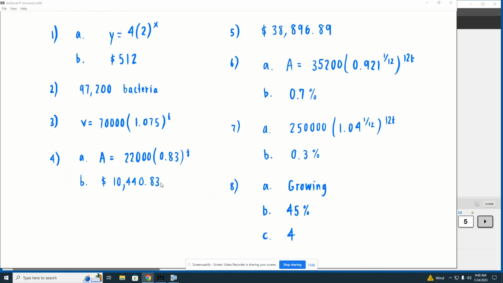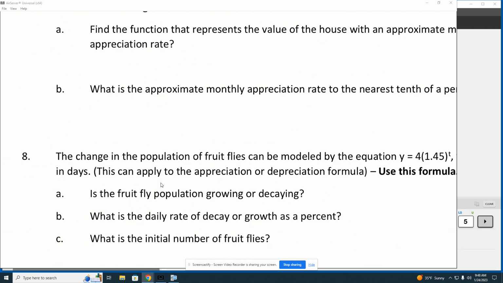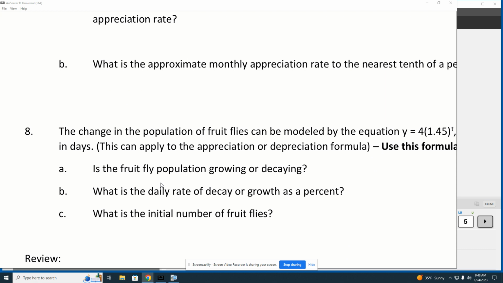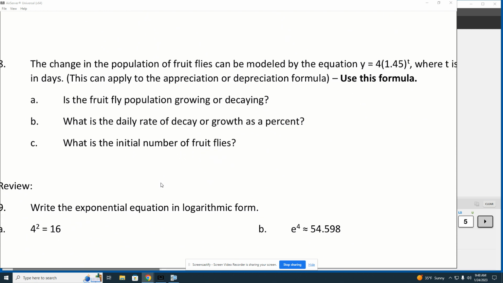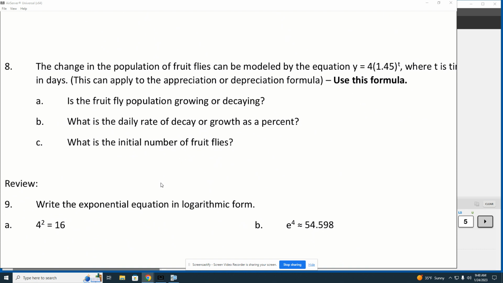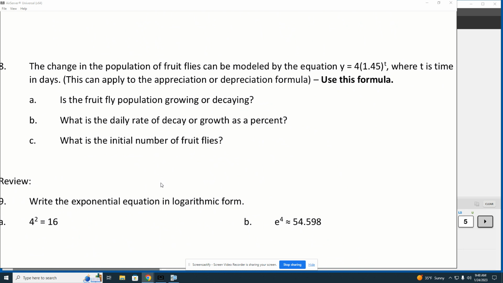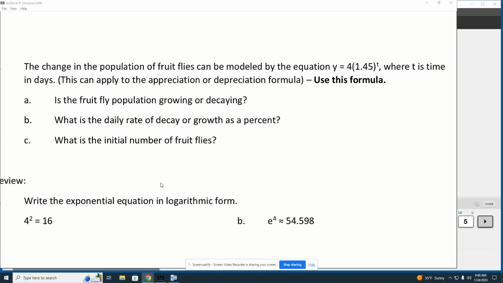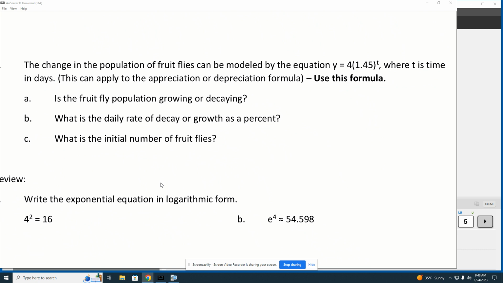Okay, so y'all checked them? So what do we need to do? Anything? Jimmy? Number 8? Okay, let's go check out 8. And Grace, I'll get whatever you are asking about in just a second. Number 8 says the change in the population of fruit flies can be modeled by the equation y equals 4 times 1.45 raised to the t, where t is time in days.